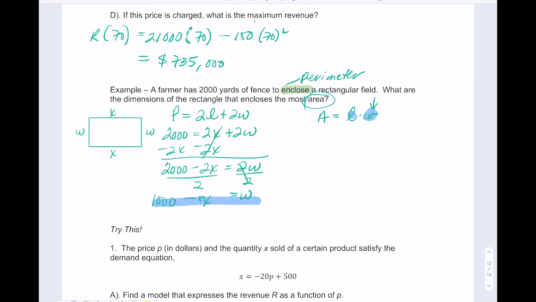And we know that L is really just x, right? So you've got area equals x times w. What's w? It's 1,000 minus x. So it's like the revenue problem where we replaced everything and we had all p's there. So what you have here is really A of x equals 1,000x minus x squared if you distribute the x.